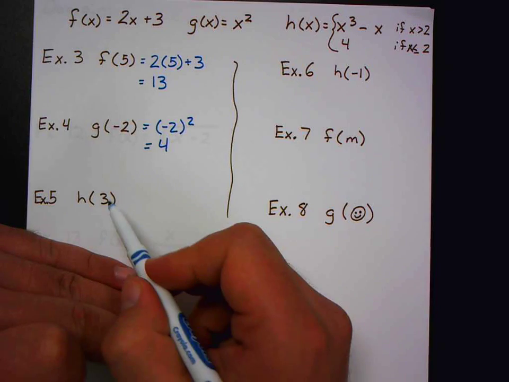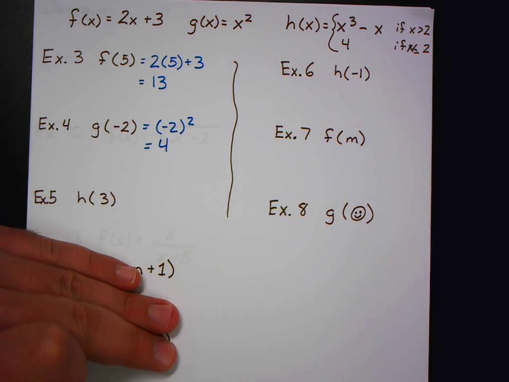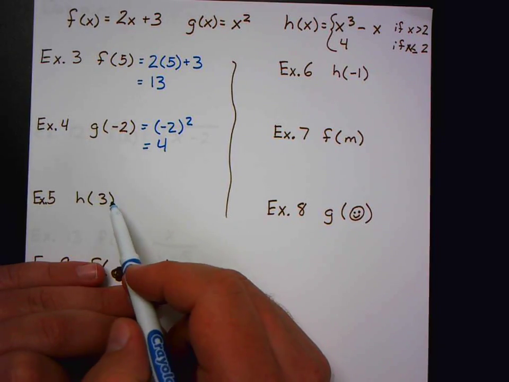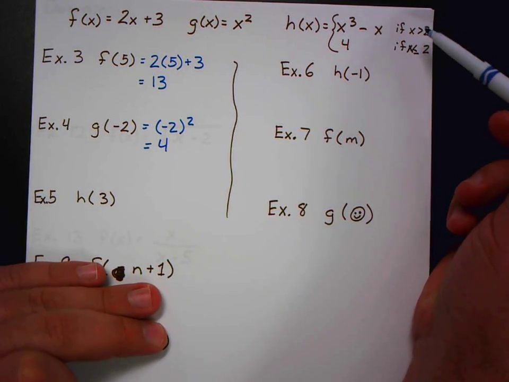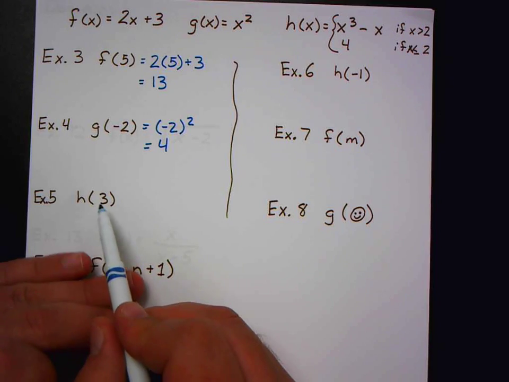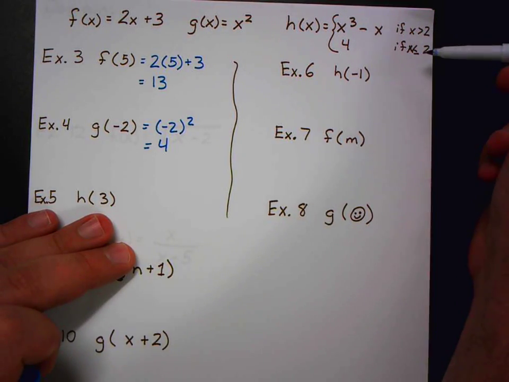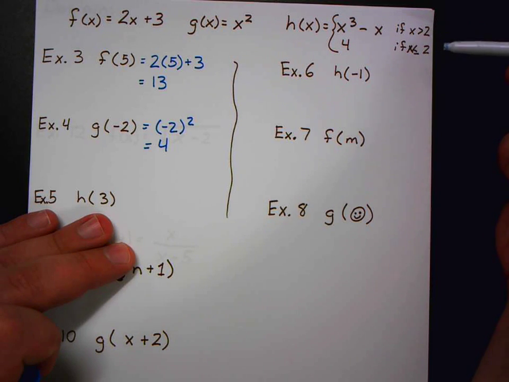Okay, h of 3. We talked about this a little bit on like the second or third day. This is a piecewise function. With piecewise functions, you take this number and you start on the right hand side. Where does 3 fit into these two inequalities? The top one or the bottom one?